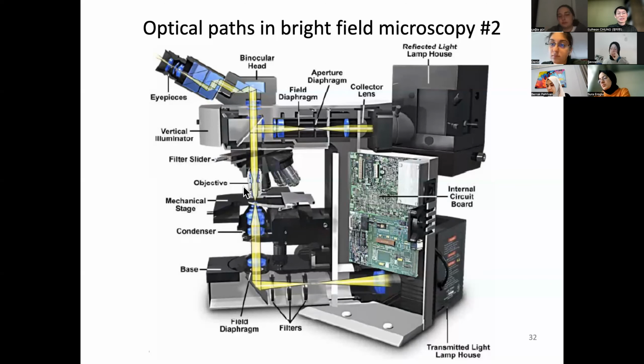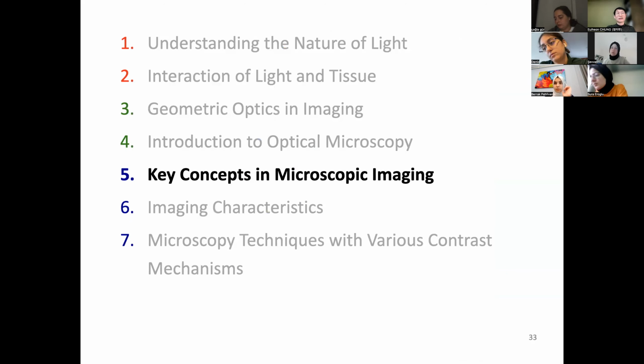There's an objective lens, and a tube lens here, and then it gets into your eyepiece. And another path gives an illumination, called excitation light, for fluorescence microscopy. So we'll get back to this again later on.